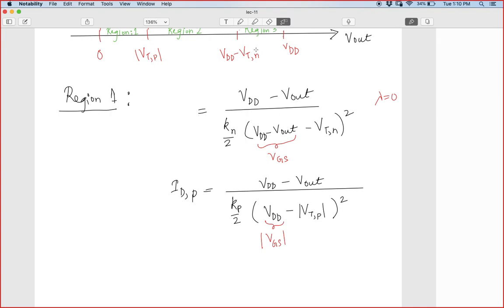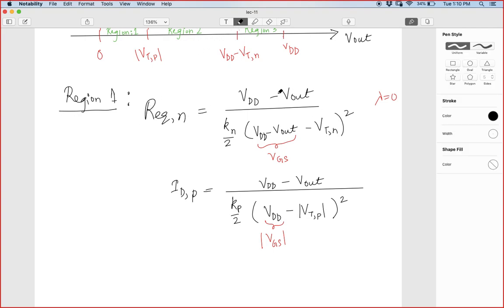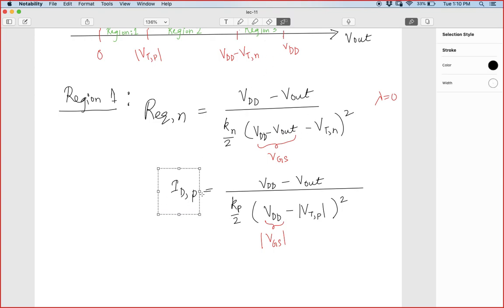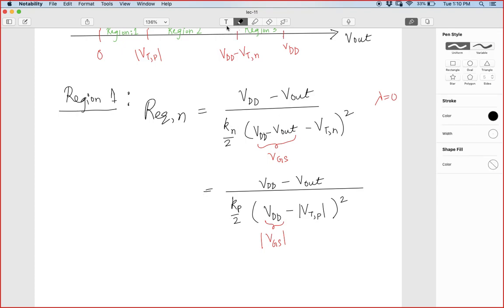Good question. Basically, this is V out by V in, sorry, the voltage difference, the potential difference by the current. So yes, this is the resistance. Thank you for catching this one.